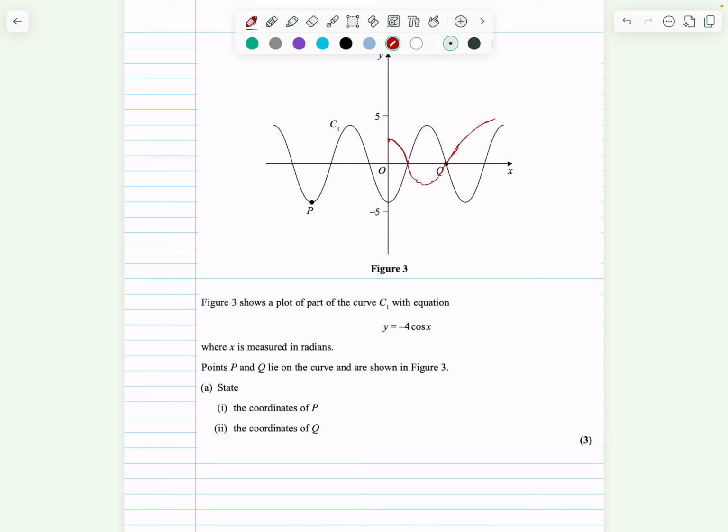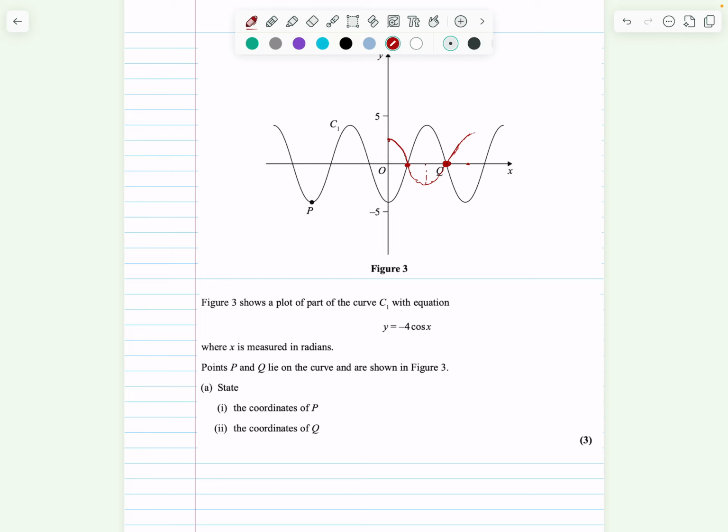So that's going to be 90 degrees, and that is going to be 270 degrees. There will be 180, and let's say 360 degrees over here. The graph will look like this.